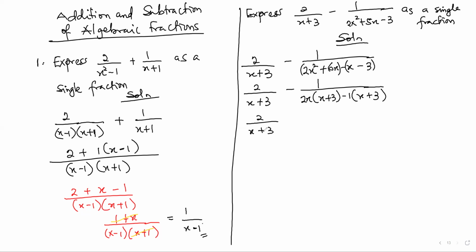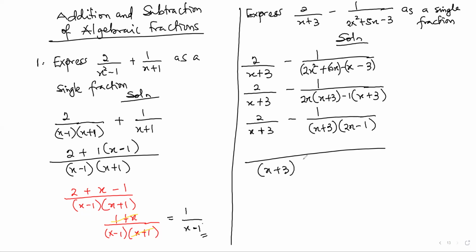So the knowledge of all that we solved is what you continue to apply here. Since the brackets are the same, we pick one of them. Then outside the parentheses, which is 2x minus 1, also in one bracket. And then we find the LCM for all this. Since x plus 3 and x plus 3 is here, we'll pick one of them.